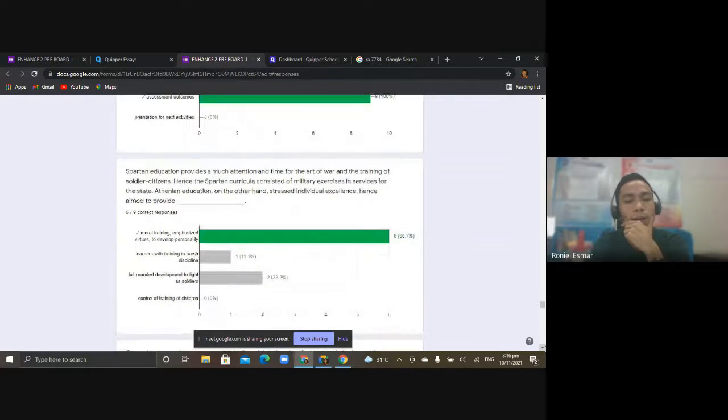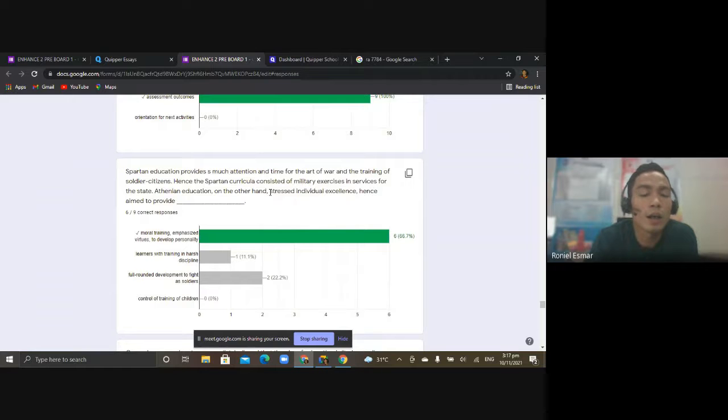Next item. Spartan education provides much attention and time for the art of war and the training of soldier citizens. Hence, the Spartan curricula consisted of military exercises and services for the state. Athenian education, on the other hand, stressed individual excellence, hence aimed to provide what? A moral training, emphasizing virtues to develop personality. Yes, this is the correct answer.